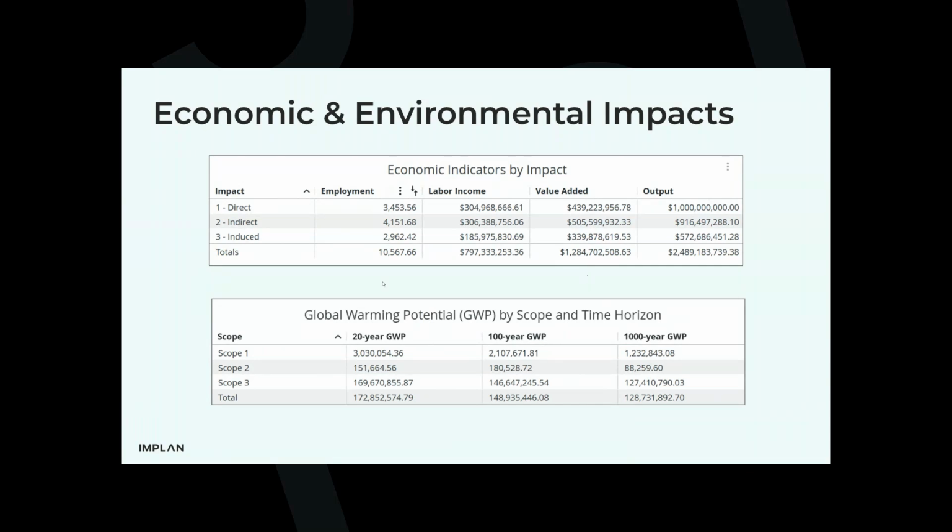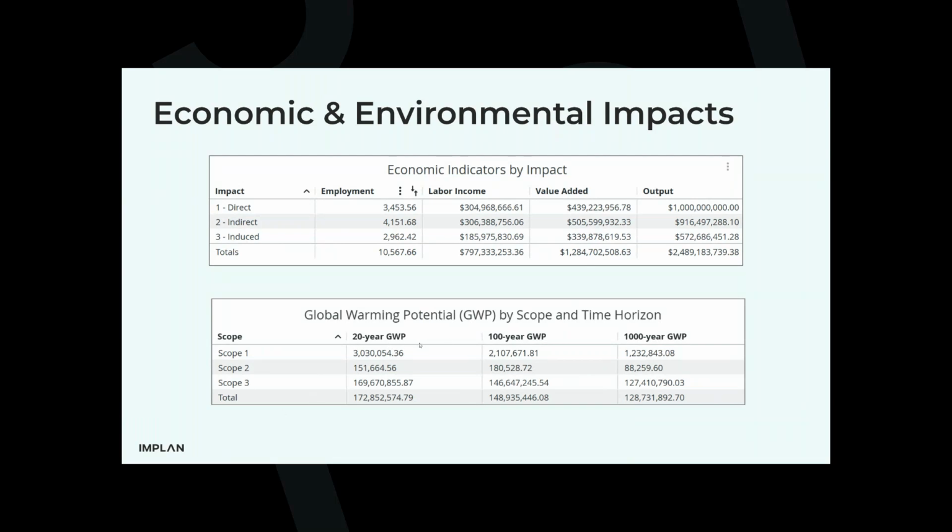We get our jobs impact, our labor income impact, and all the other impacts you're used to seeing when it comes to economic indicators. But in addition to that, we have the scope 1, 2, and 3 emissions impacts like we saw recently. Here we're getting to see those kilograms of carbon dioxide equivalents in scope 1, 2, and 3 across our different time horizons.